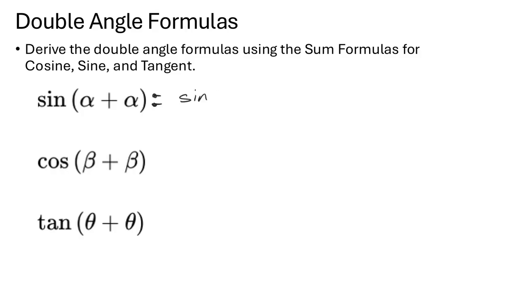I'm going to get sine of alpha times cosine of alpha, because it's the first alpha and the second alpha, plus. Remember, if it's plus, sine matches the operation. Then it's cosine alpha sine alpha. Order doesn't matter because I'm multiplying. This is sine alpha cosine alpha plus sine alpha cosine alpha.